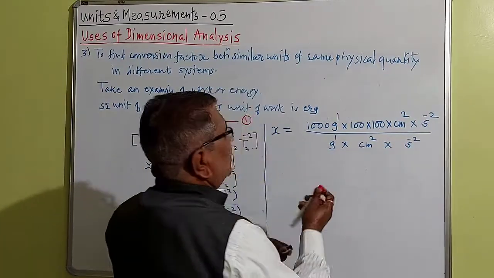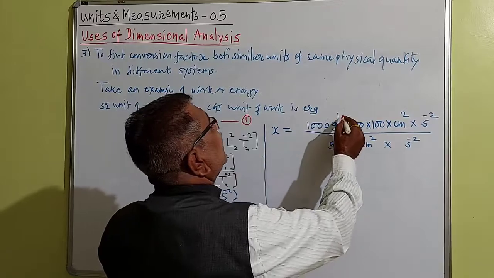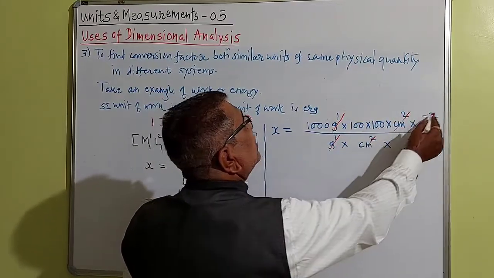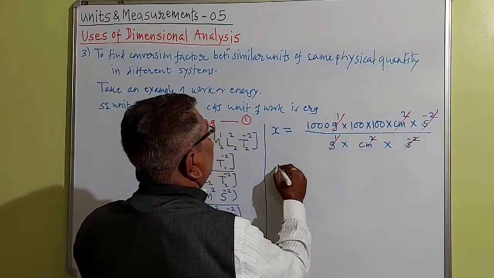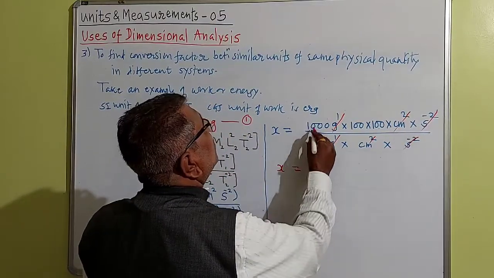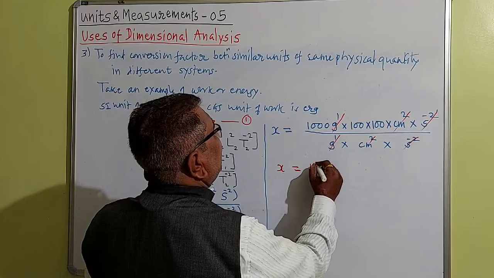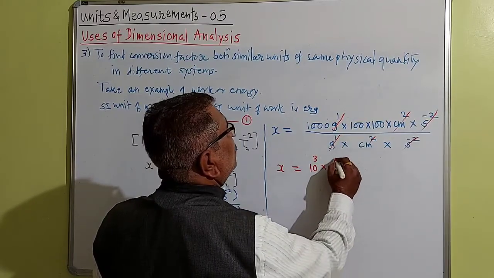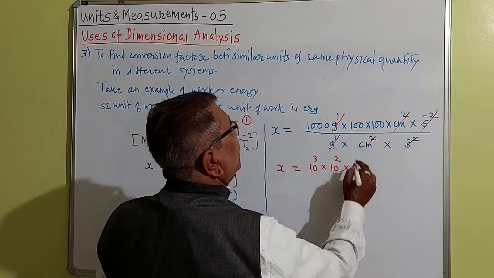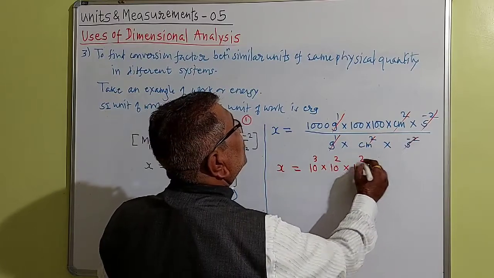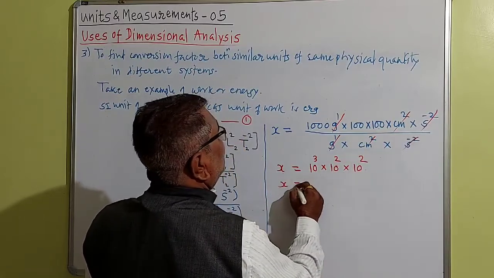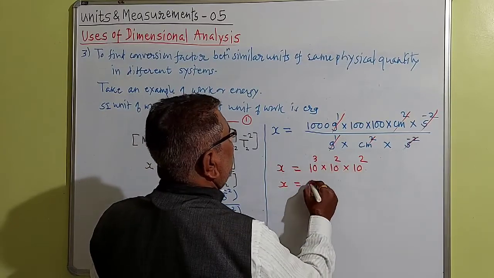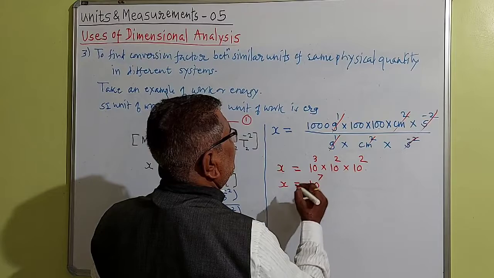These units are getting cancelled like this. You will get X is equal to 1000, which means 10 raised to 3; 100 means 10 raised to 2; again this 100 means 10 raised to 2. Then X is equal to 3 plus 2 plus 2, you will get 10 raised to 7.